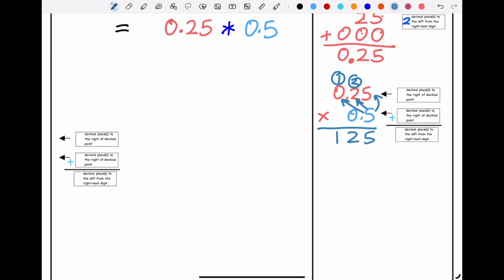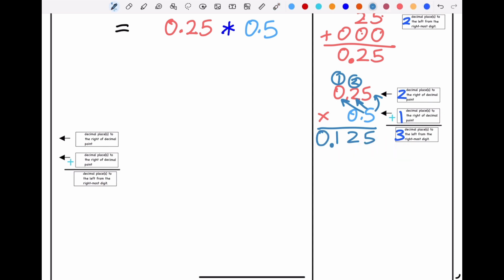So that's 2 here. Let me give a different color. And 0.5 has 1 decimal place to the right. So together we have 3 total decimal places to the right. So that means we're going to start from the very right and move 3 decimal places to the left. So 1, 2, 3. This is where we're going to put the decimal point.